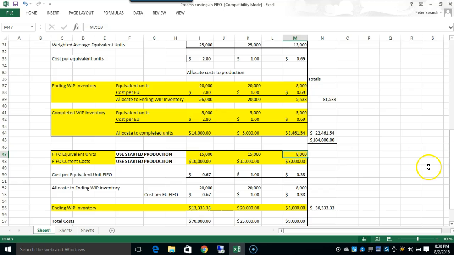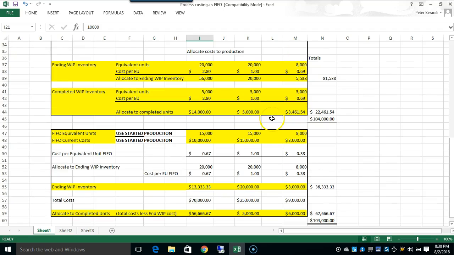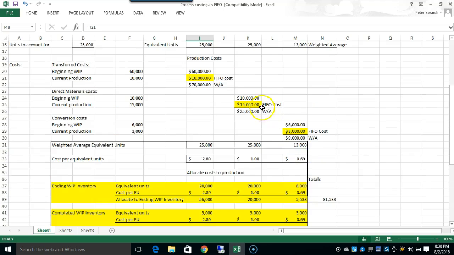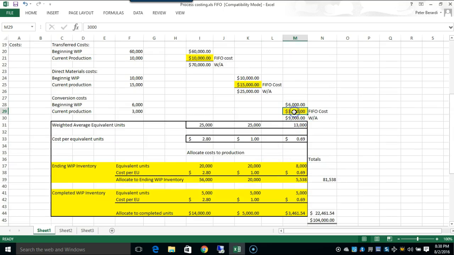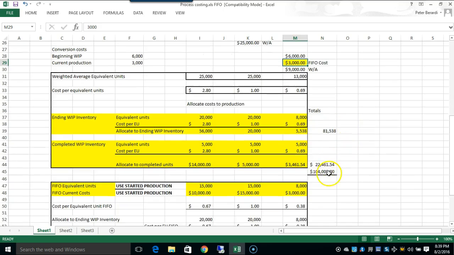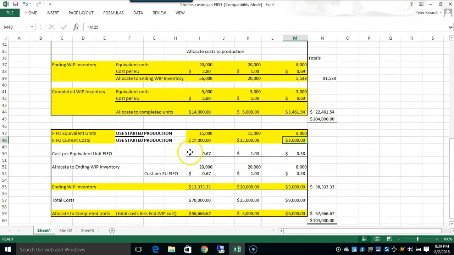Now, the costs that we're concerned with are current, not total. So you're going to take just current production from transferred in, place it here. You're going to take current production from FIFO, place it here, and current production for FIFO under conversion costs, and basically do the math.